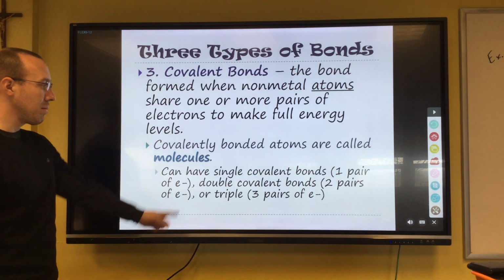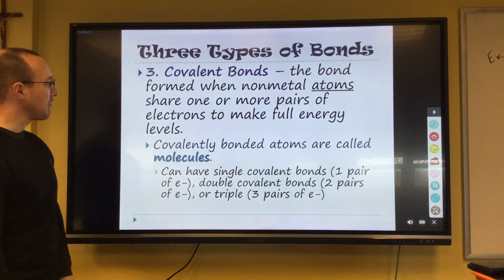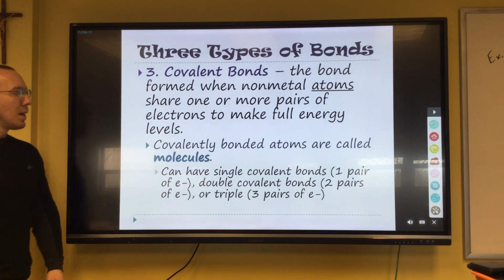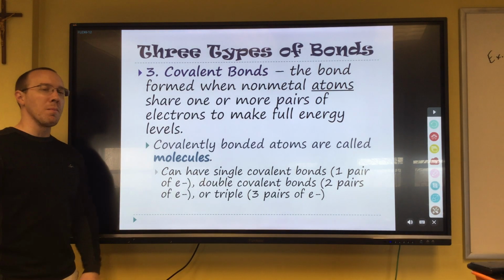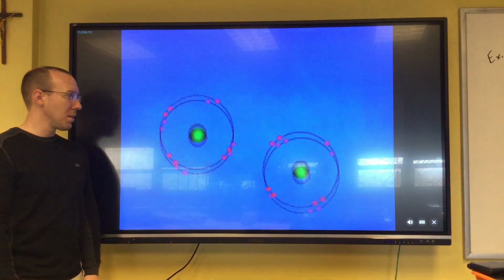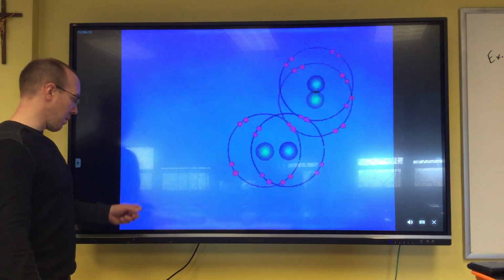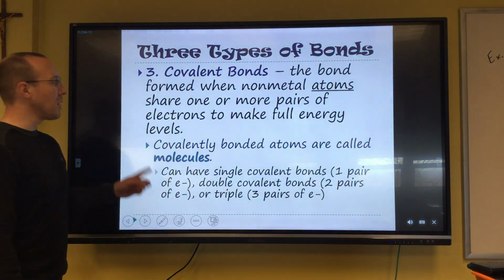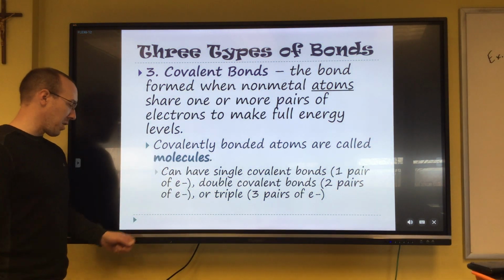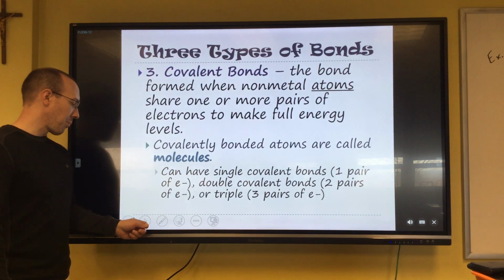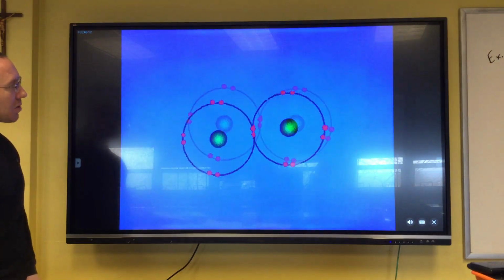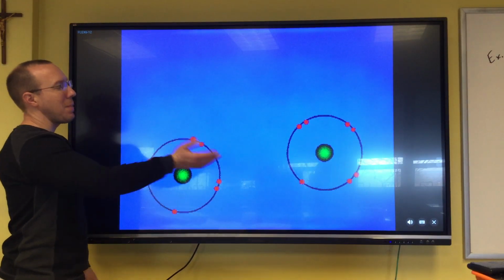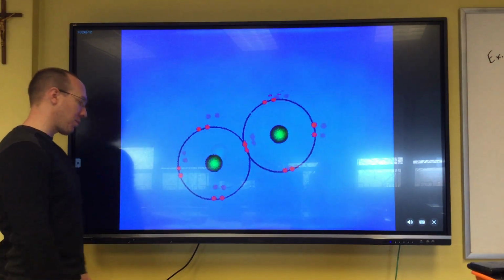Oh, here we go, it says it. A lot of times in science, people just use the word molecules all the time, but really, molecules should only be used when we're talking about covalent bonds. So here's a little example of what's going on. These two atoms come together and share the electrons back and forth.